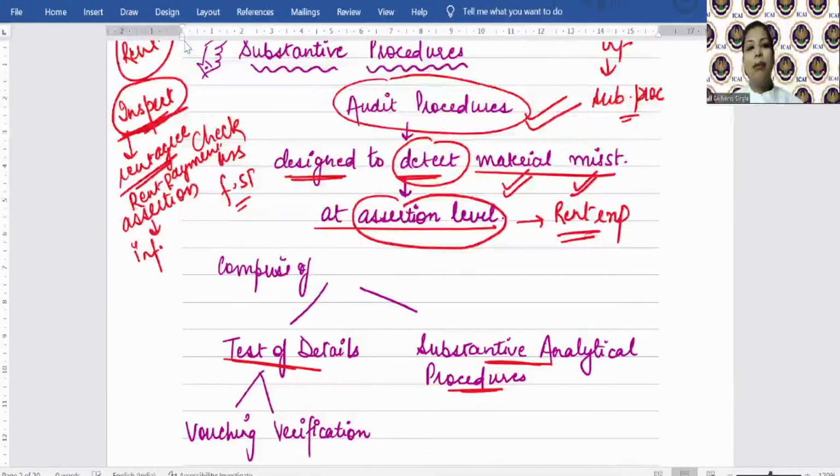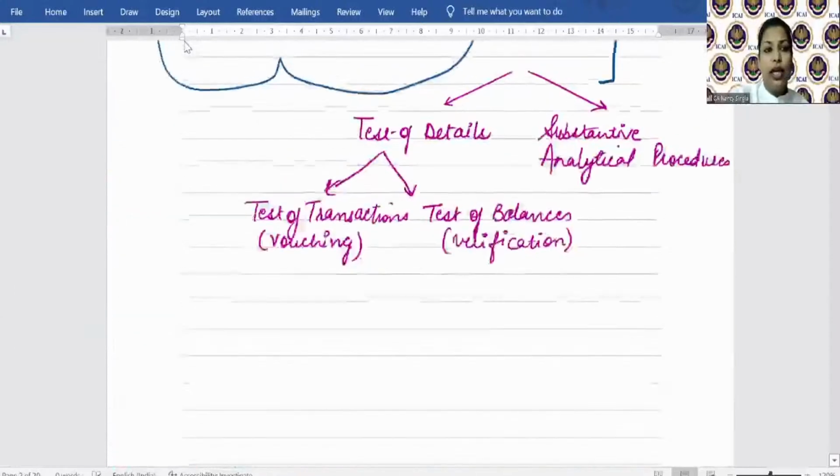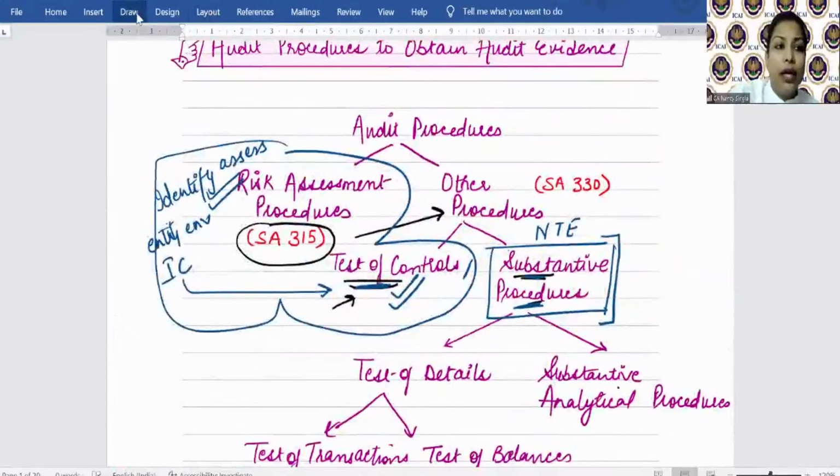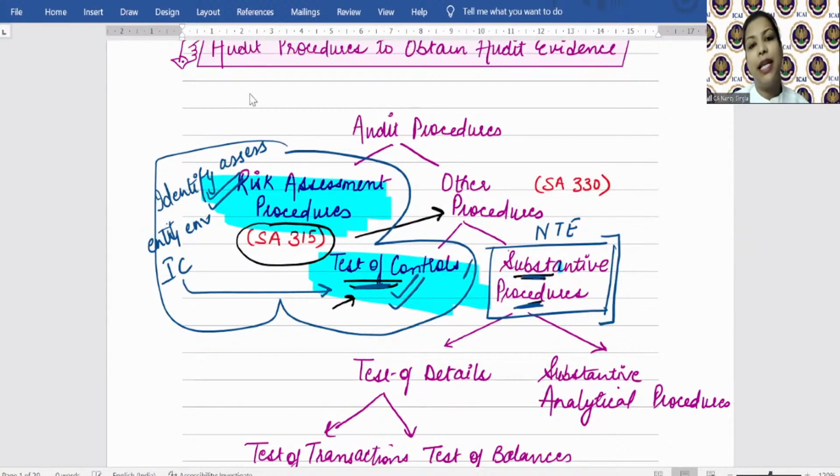Now we'll be discussing what test of details and substantive analytical procedures are. So one thing is sure: when the auditor has identified and assessed the risk of material misstatement, and once he has conducted the test of control, the auditor will surely perform substantive procedures. Because he has to give an opinion on the financial statement, so he has to check the financial statement.